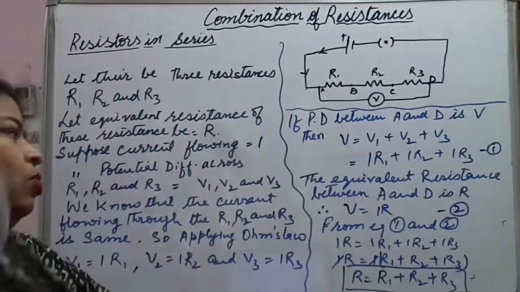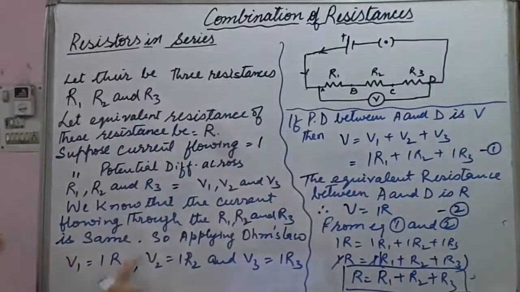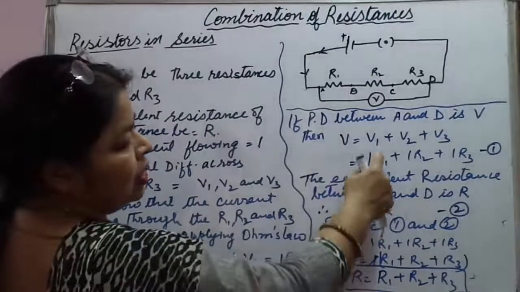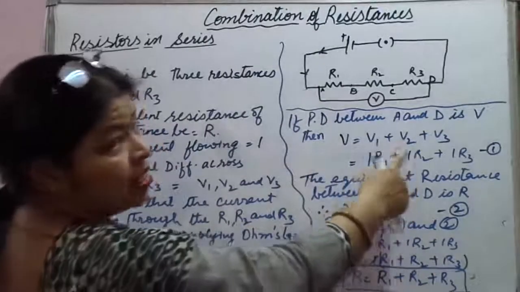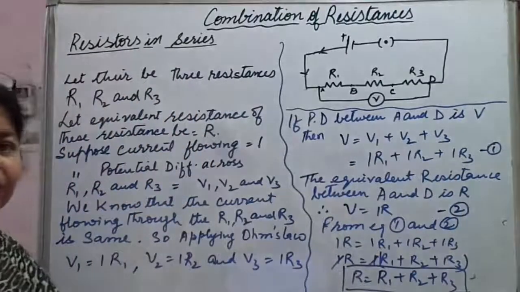So what is V? V is IR1 plus, in place of V2 we can write IR2, and in place of V3 we can write IR3.